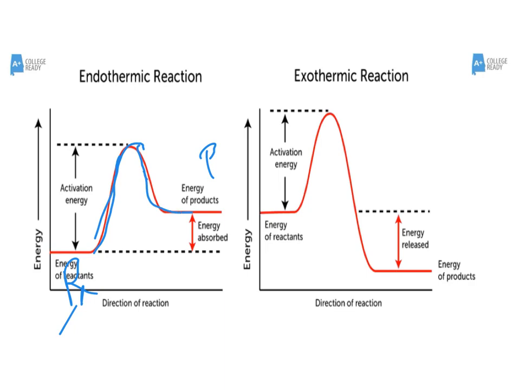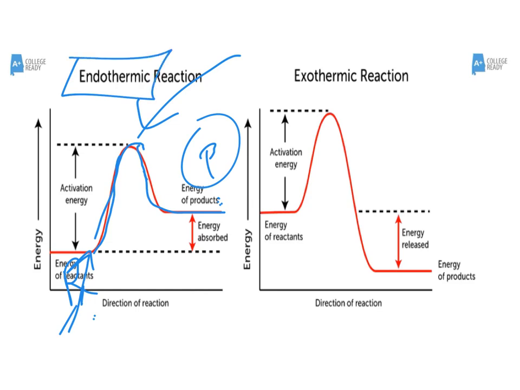They're reformed over here as products. What happens is the products end up having more energy than the reactants. Energy has to come in. More energy was required to break these reactant bonds than was released by the products, therefore an endothermic reaction.